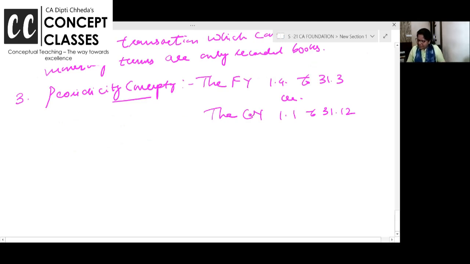So CY means calendar year. You all please write the full form. Financial year is April to March. Calendar year is January to December.